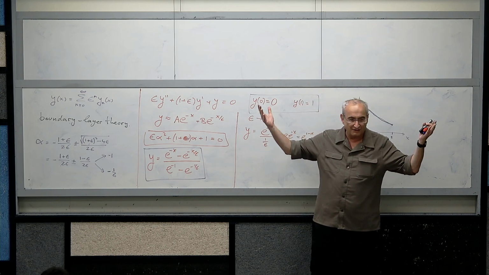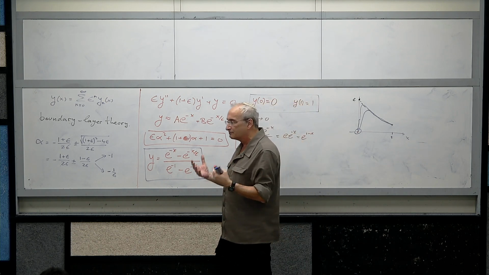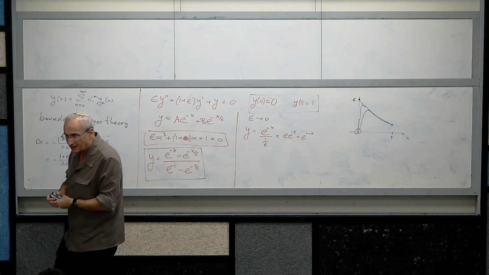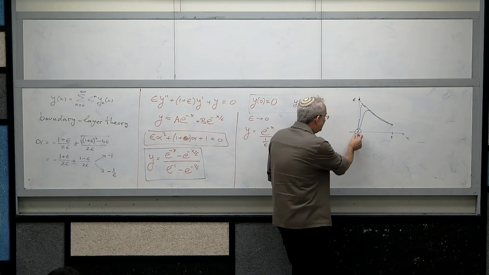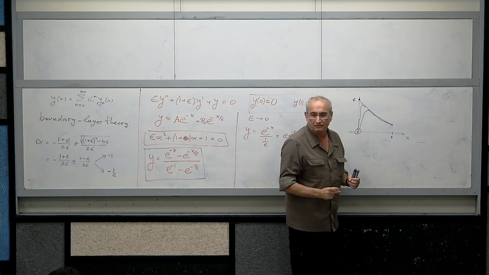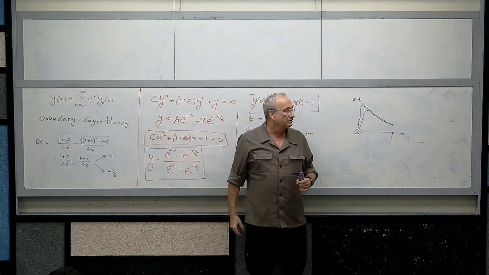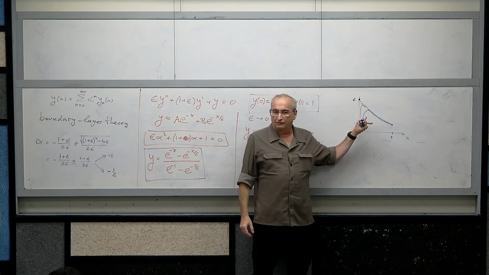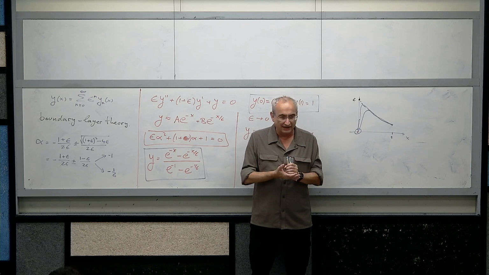Given that epsilon is indeed small. If epsilon is large, then it's not a story. If epsilon is indeed the small parameter in the problem, and epsilon is the coefficient of the highest derivative, then you know that you are going to have a region where taking epsilon to 0 will not give you anything.